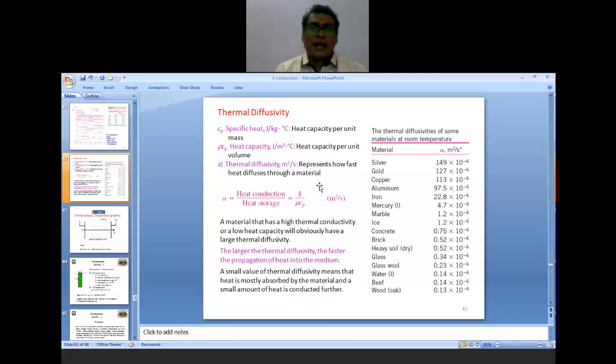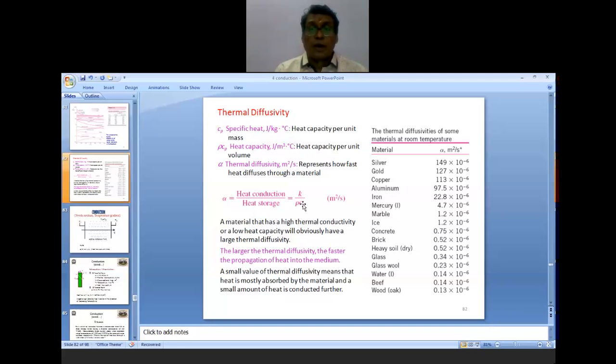K is high and Cp is low. If both are high, then that will be around 1. If both are low, then that will also be around 1. But if the thermal conductivity is low and the Cp value is high, then the thermal diffusivity will become low.